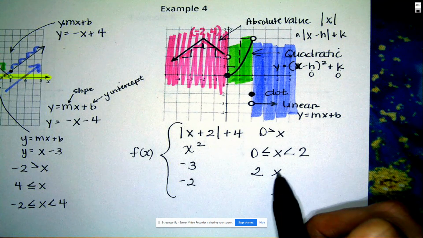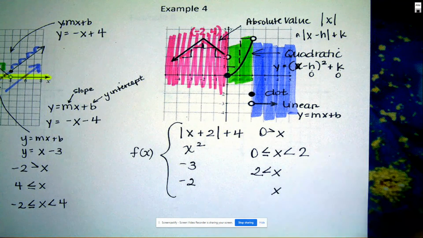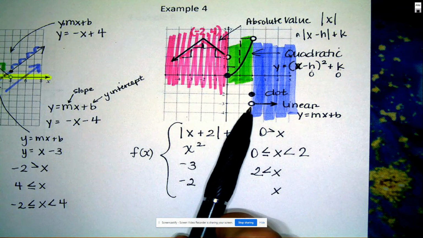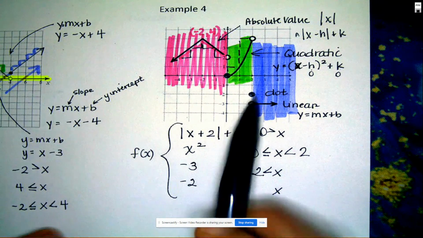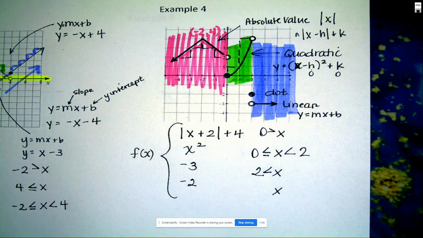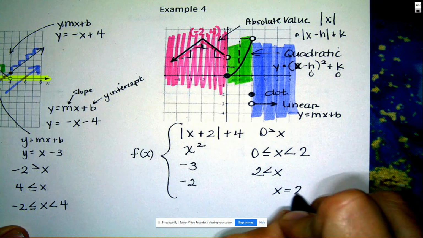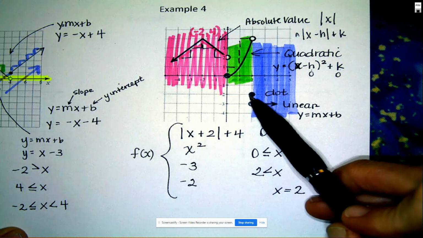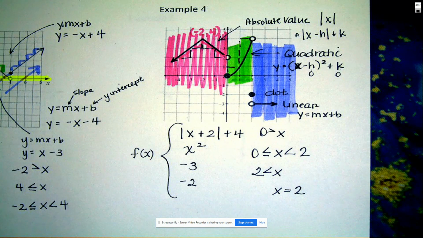So x is going to be greater than 2. And it's not equal to because that's an open circle. Now, our dot, so the output will be negative 2 for this function only when the input is 2. So when x equals 2, then y is going to equal negative 2. That's the only time. All right, so that's our next two examples. Great job, guys.